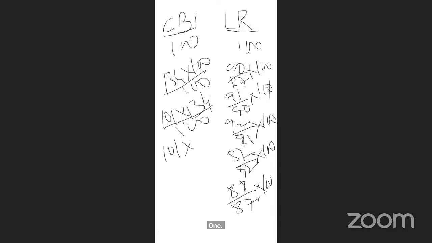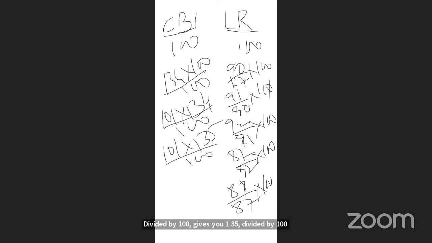This 101 into 134 divided by 100 gives you 135 divided by 100.